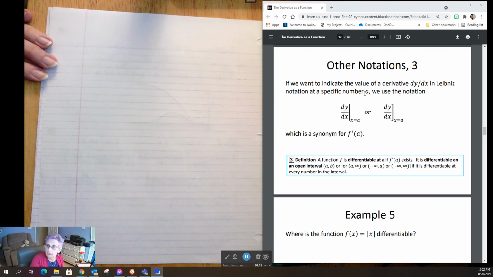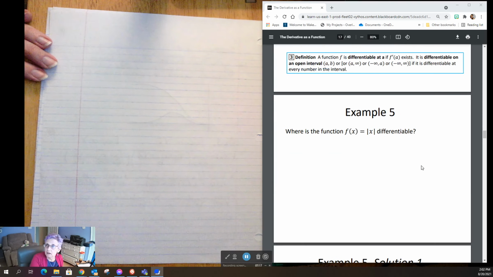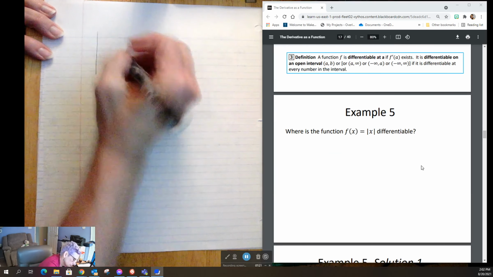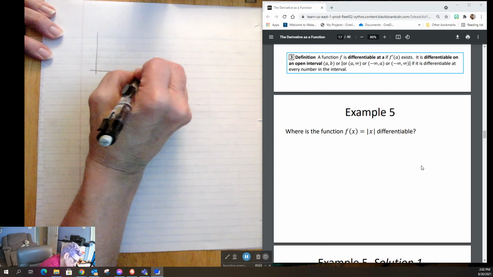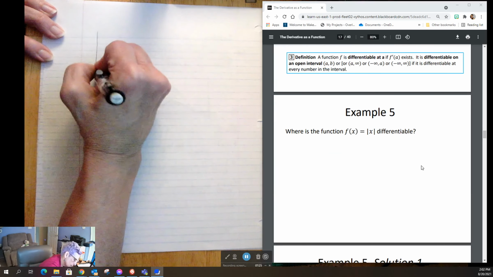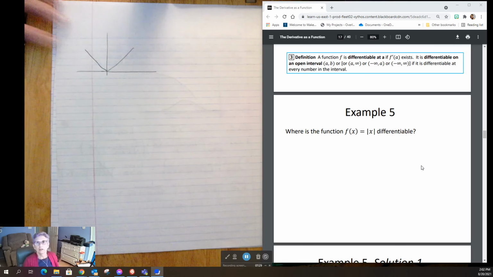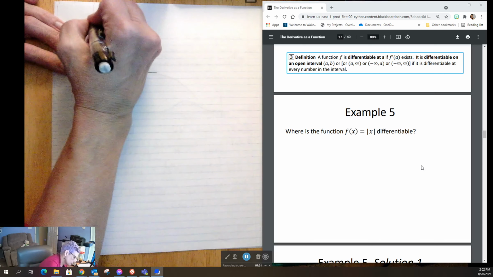So if we look at something like the absolute value function, it looks like a V for victory.